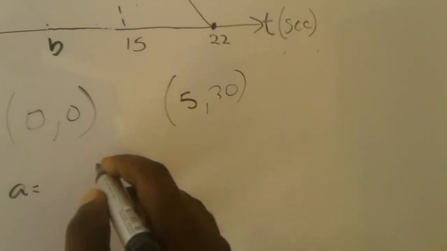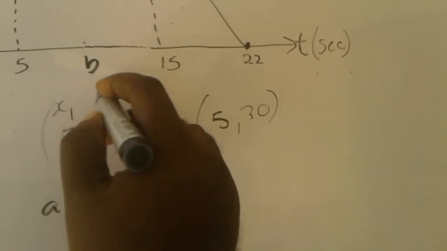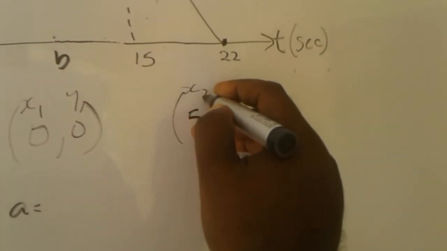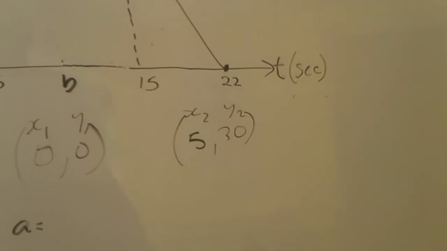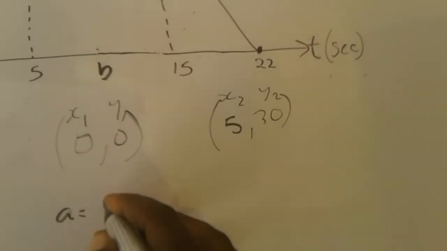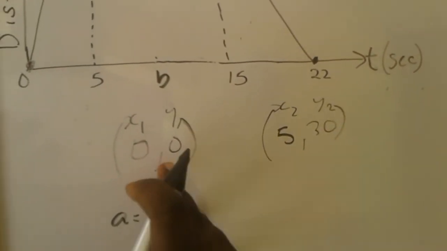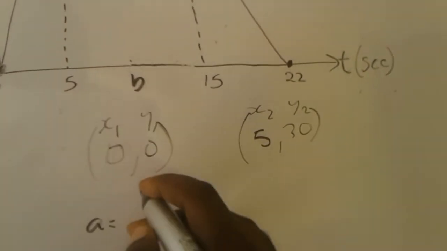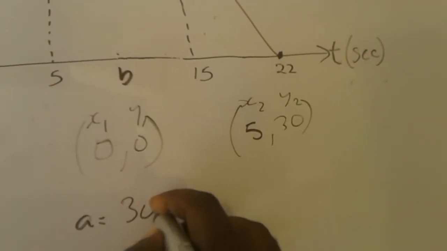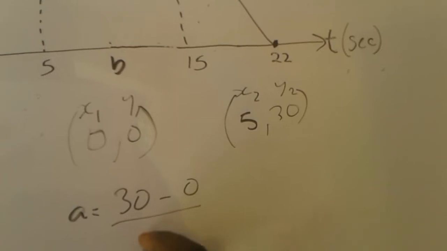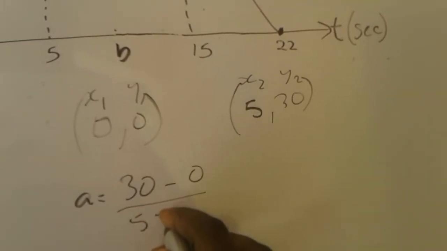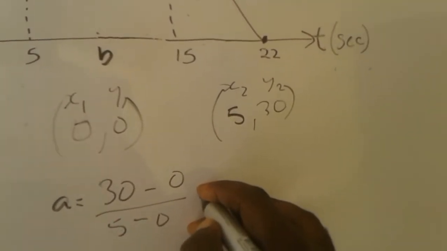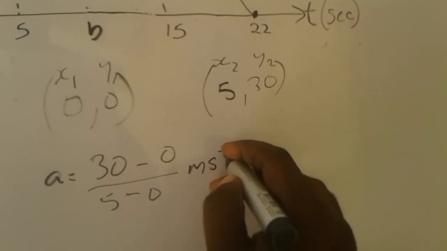This is x1, y1, x2, y2. These are 2 points that are plotted. The formula for gradient is y2 minus y1 over x2 minus x1: 30 minus 0 over 5 minus 0, and this will be in meters per second squared.